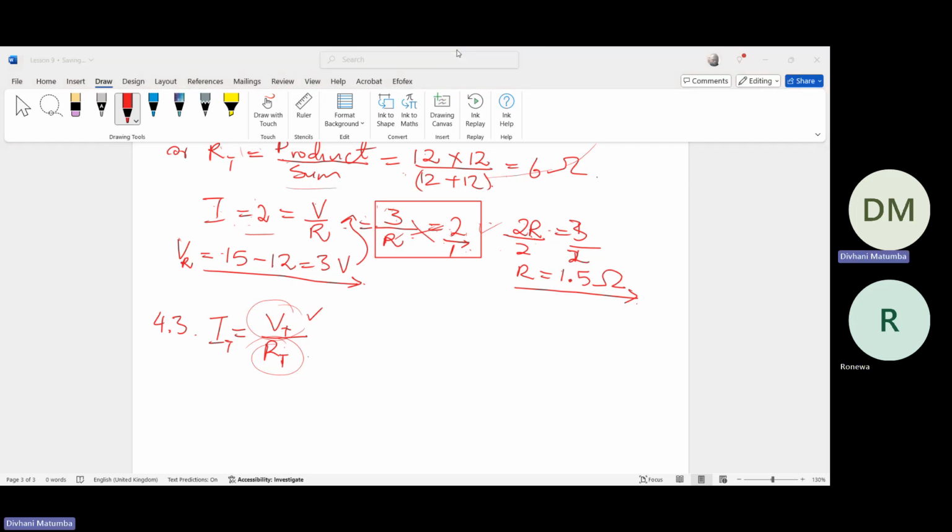Does our R total decrease or increase? It decreases. The R total decreases. So if the R total decreases, what happens to our I total? It increases. It increases.